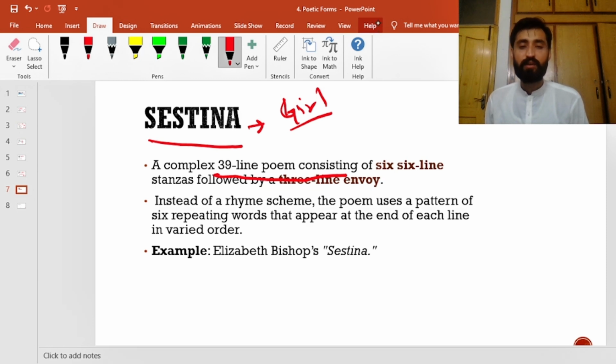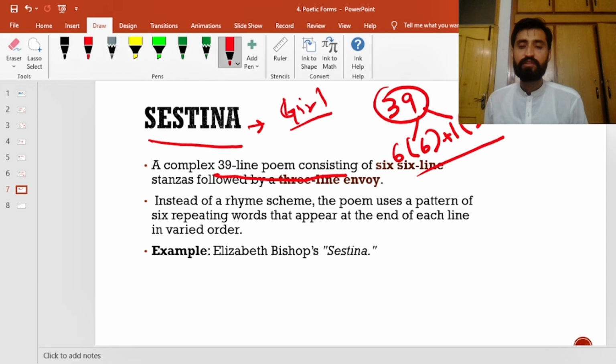So there are a total of 39 lines, divided into 6 sestets and 1 tercet. So 36 plus 3, we have 39 in total. And there is an envoy at the end, and that envoy would definitely be a tercet, right?